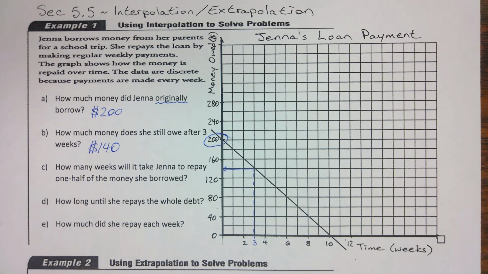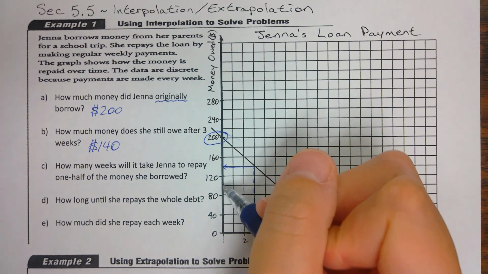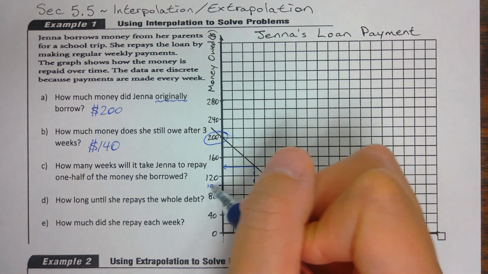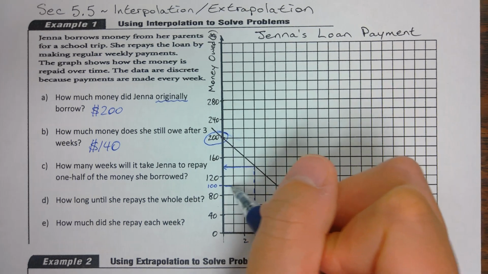How many weeks will it take Jenna to repay half of the money she borrowed? So how much did she borrow originally? 200, and then half of it is 100. So now I'm looking at 100 on my y-axis, and I'm going across.